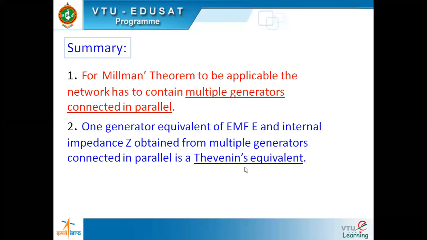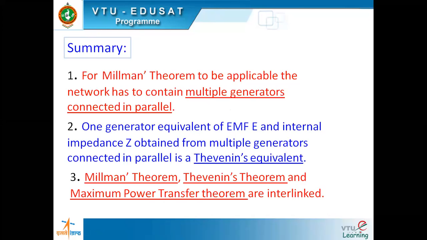If there are many such parallel combinations, we obtain one E and one Z, and that is the Thevenin's equivalent. So Millman's theorem, Thevenin's theorem, and maximum power are interlinked. We have not covered this yet, we'll be covering it, but they're all interlinked, because Millman's equivalent is actually Thevenin's equivalent. Fine. And that is going to be part of maximum power also, which we shall see in the coming class.